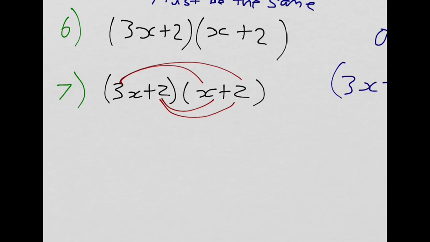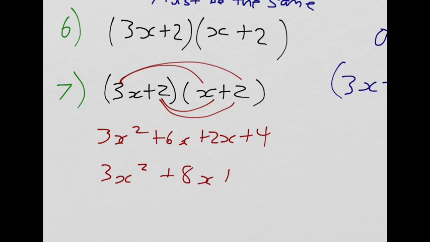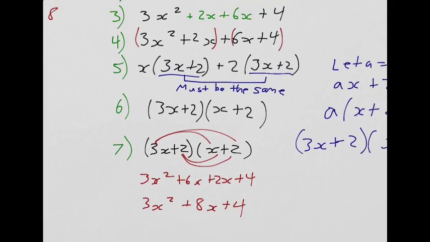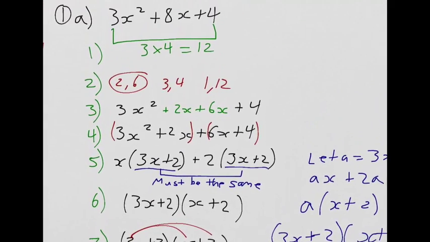So this gives me 3x times x is 3x squared. 3x times 2 is 6x. 2 times x is 2x. 2 times 2 is 4. And I simplify the middle, and I should end up where I started. Is that right? Good.